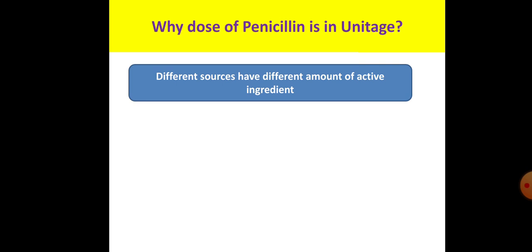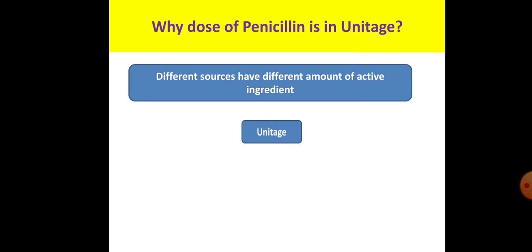The method of obtaining the active principle differs, and that's why the active concentration of penicillin differs. Different methods and different sources give different amounts of the active ingredient, so we actually cannot quantify them by weight, and that's why the concept of units comes in.